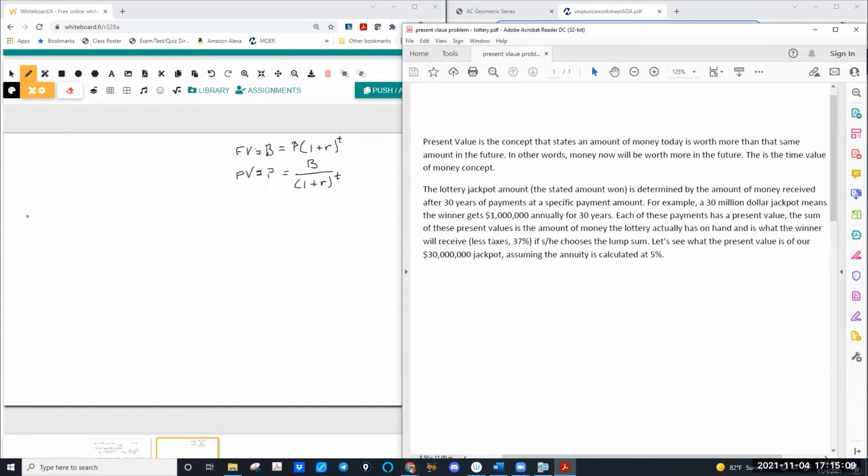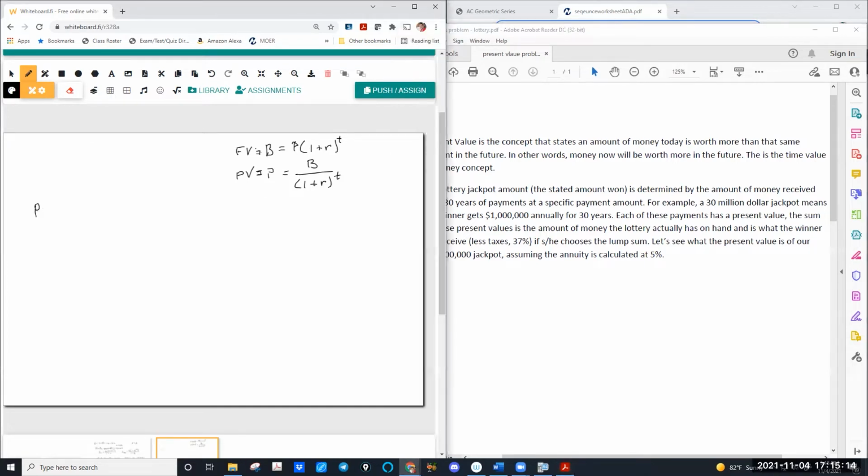So what we need to do is come up with the present value of those 30 payments. Now, the winner is going to get $1 million right away. And instead of writing out $1 million, let's just write it as 1, to make it a little bit easier. So the present value of $1 million now is $1 million because there's no opportunity to earn interest on it.